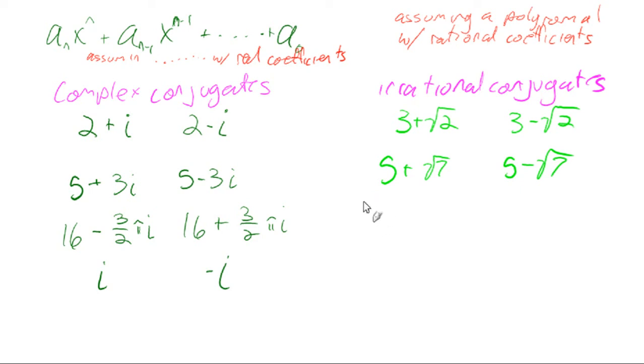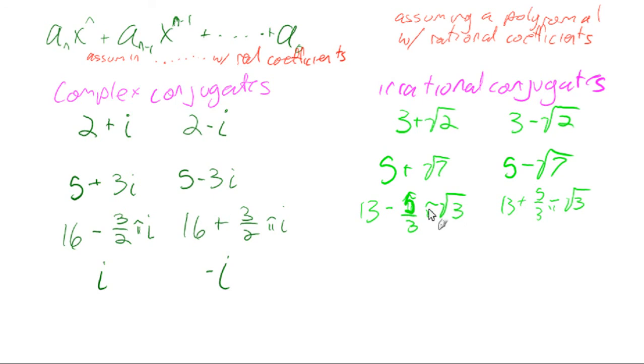So let's do 13 minus 5/3 pi root 3. Then 13 plus 5/3 pi times root 3 is also a zero. So we typically write the whole number first, or rational number first, and then irrational second. So we'll just change the sign on that rational number, and we have what's called the conjugate.